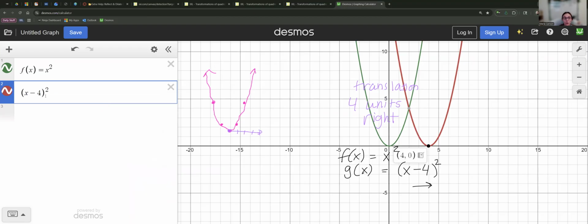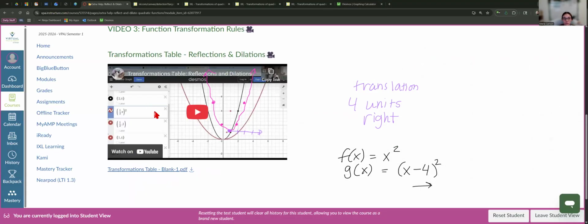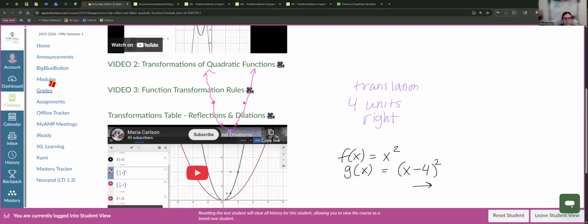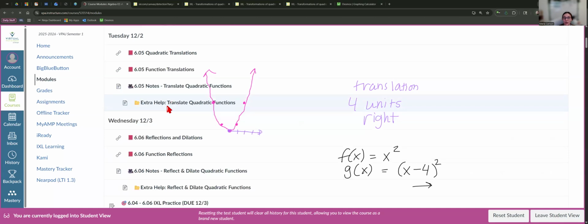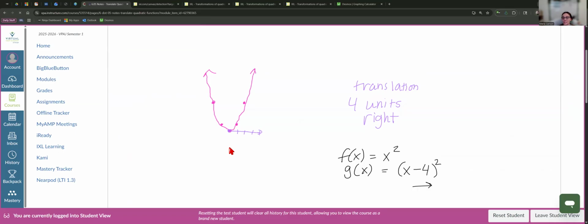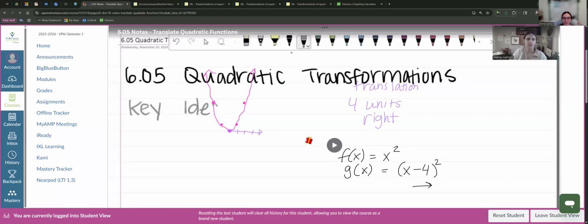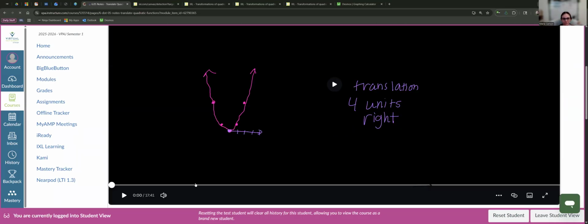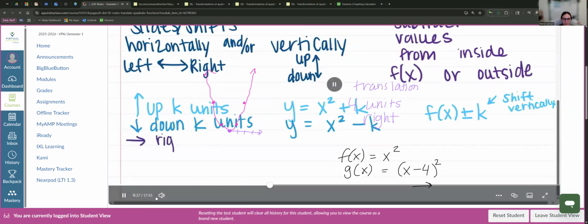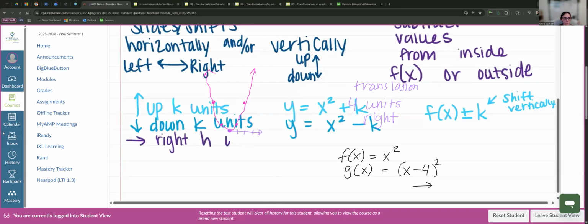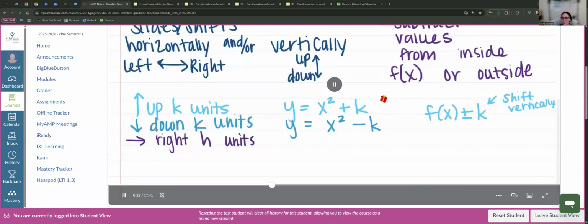And again, how do we know which translations, which rules to use? Please use the notes that are in the modules. All of the modules have basic directions telling you if you know that you need to move to the right, you are going to have this minus k inside your answer. Notice here I talk about if we're moving up k units, I have x squared plus k.